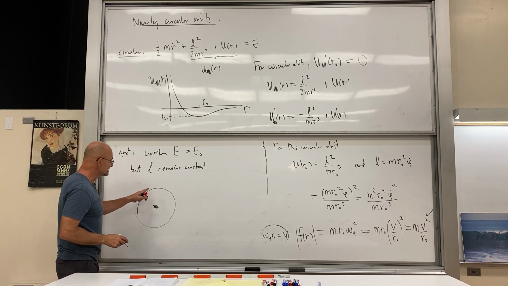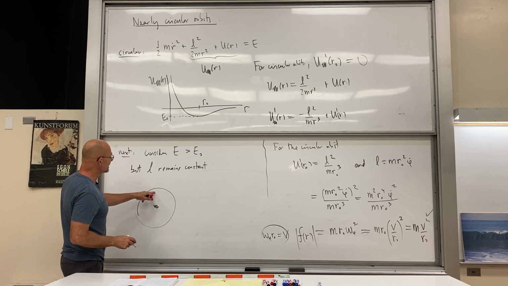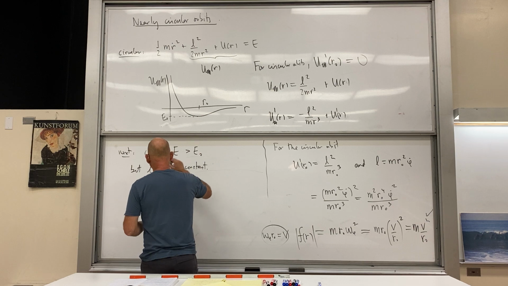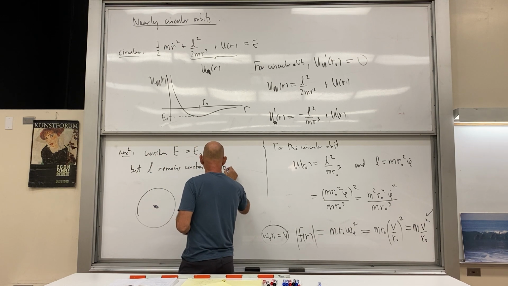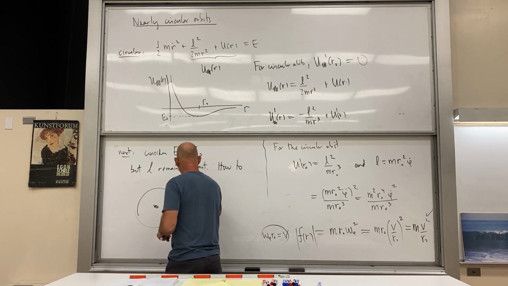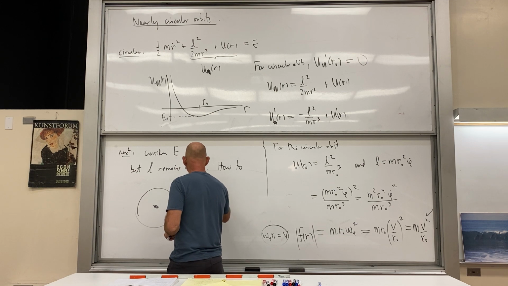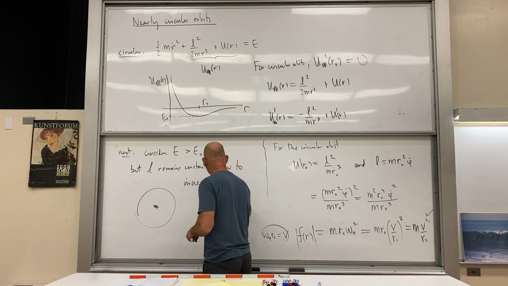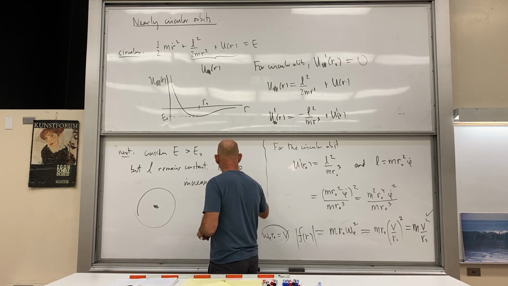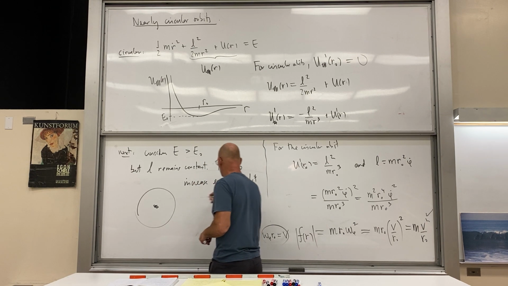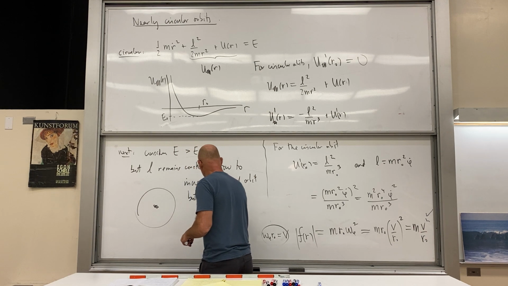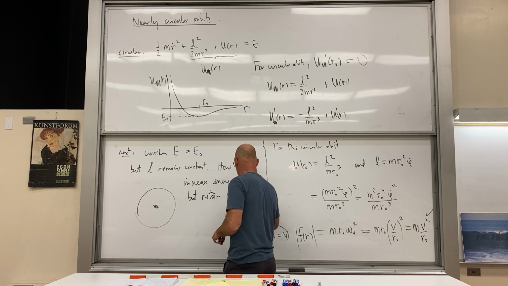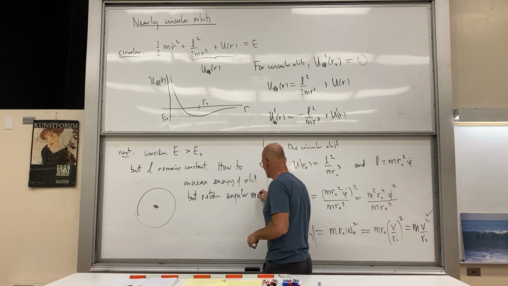If you want to retain the angular momentum and increase the energy, this is just kind of an interesting practical question. How to increase the energy of an orbit but retain the same value of the angular momentum?